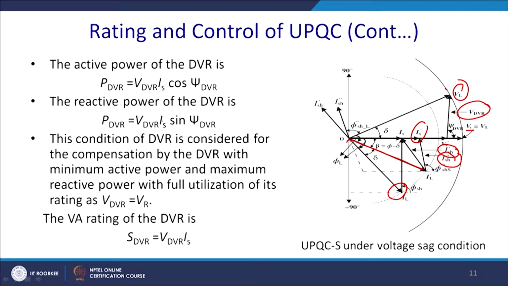This condition of the DVR is considered for compensation by the DVR with minimum active power and minimum reactive power with full utilization of its rating, where the DVR rating is VR and V_DVR should be equal to VR. So, you will utilize the full rating of it. The VR rating of the DVR is V_DVR into IS.